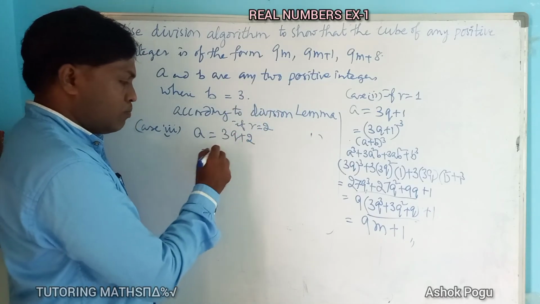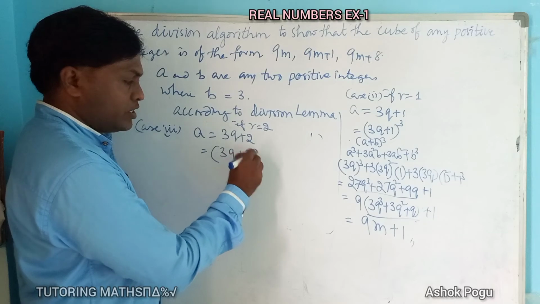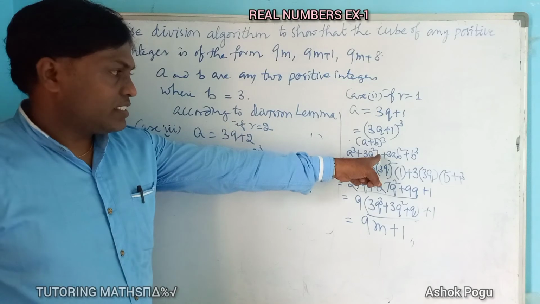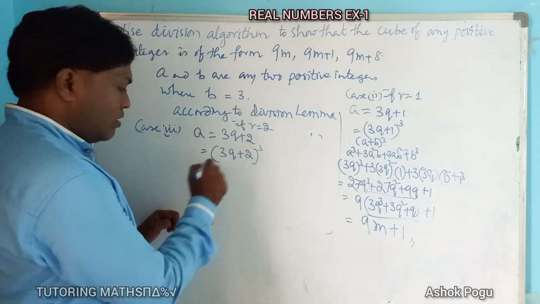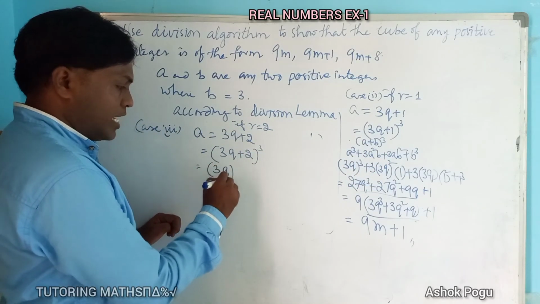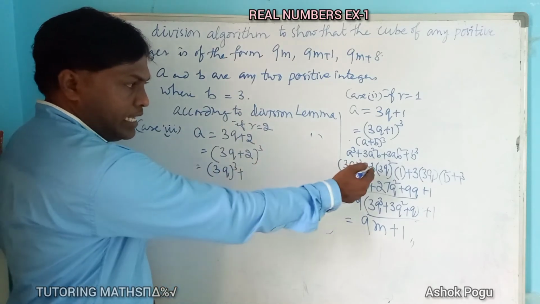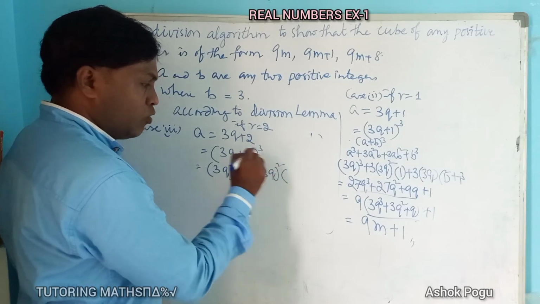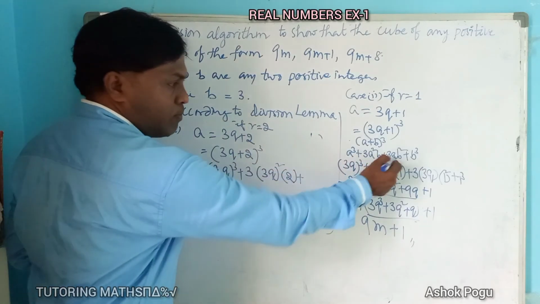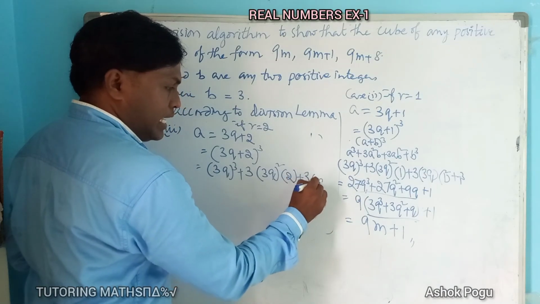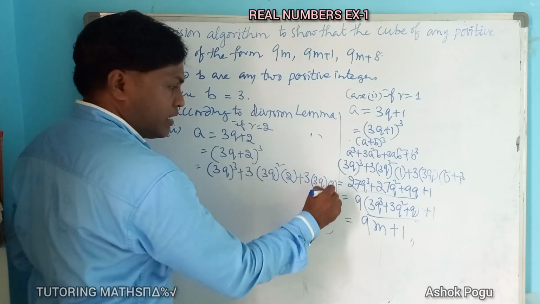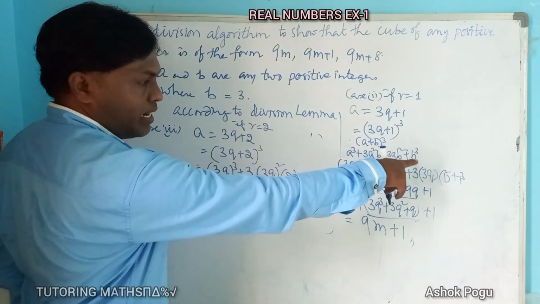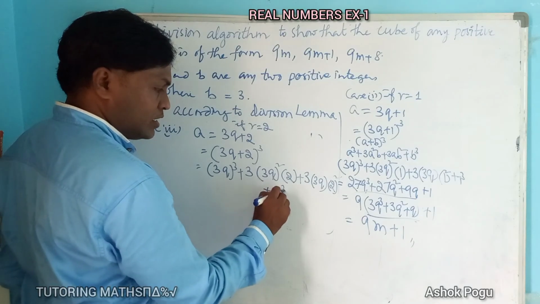Once again cubing on both sides, we get 3q plus 2 whole cube. Just find the cube of this binomial. Write the formula and put the values. We get a cube, the first value cubed, plus 3a square b, plus 3a into b square, 2 square, plus b cube, that is 2 cube.